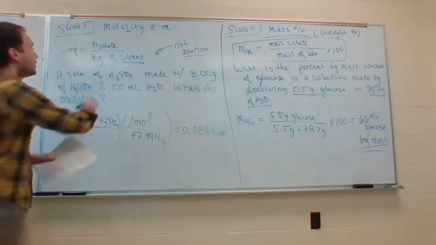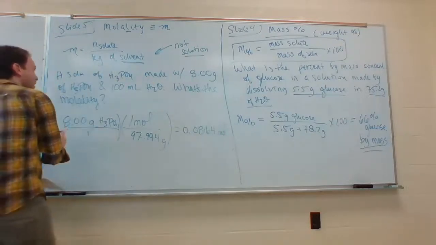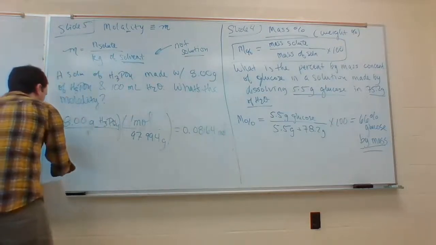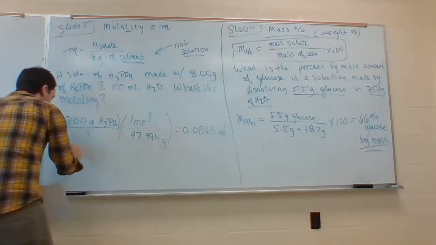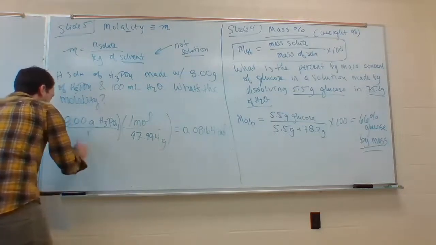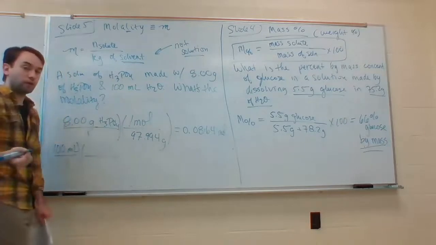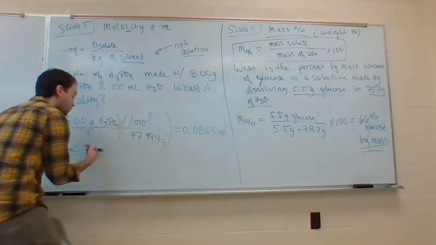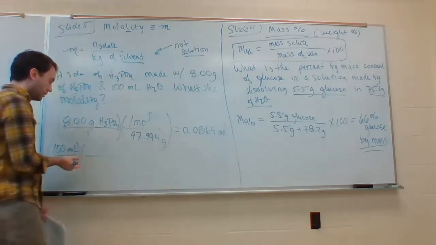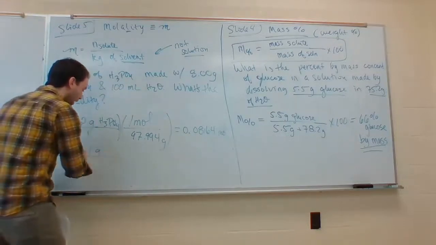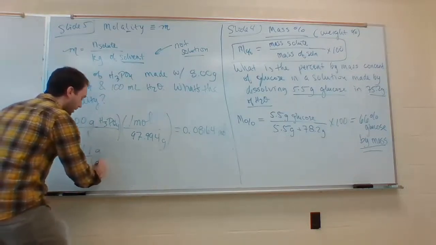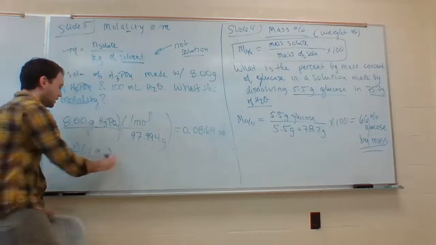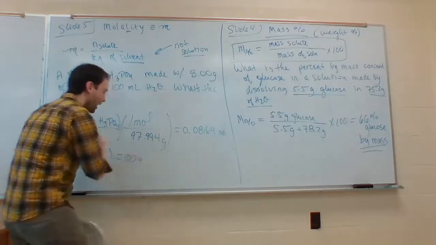Then we need the kilograms of solvent. We have 100 milliliters of water, and we know from earlier that the density of water is 1 gram per milliliter. So we have 1 gram on the top and 1 milliliter on the bottom, giving 100 grams of water.